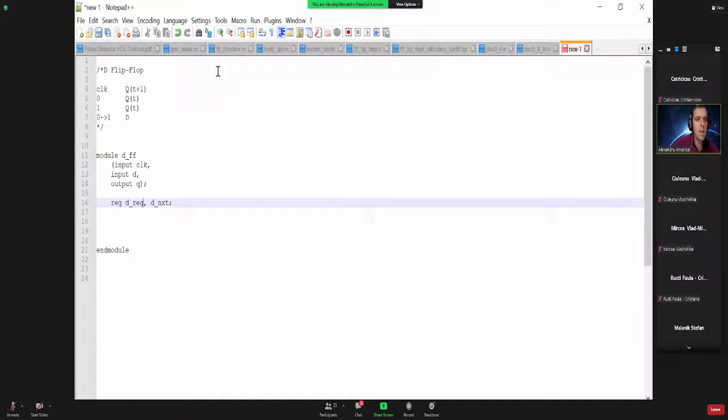Usually, I know also from industry, they are denoted _reg and _next. So the register, in this case composed of one D flip-flop, has two signals. One is for the input, D next, which is called the future state or the next state of the register, and the _reg, which is the current state of the register.